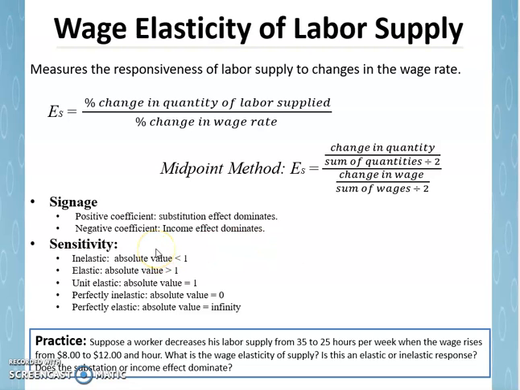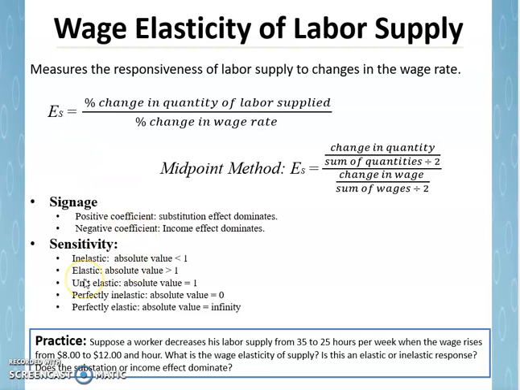Sensitivity matters. We can think of elasticity coefficients in five ways. An inelastic coefficient has an absolute value of less than 1. To get the absolute value, you just calculate your elasticity of supply and then get rid of the negative. So it'll always be a positive value.